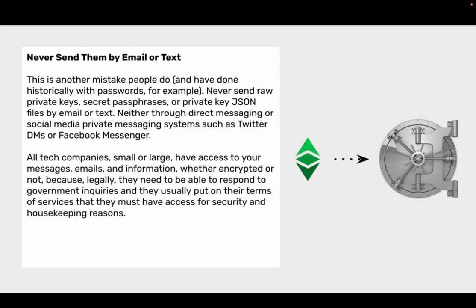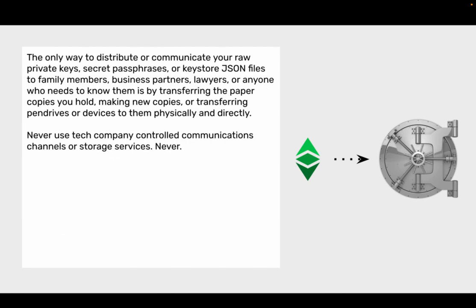All tech companies, small or large, have access to your messages, emails, and information, whether encrypted or not, because legally they need to be able to respond to government inquiries, and they usually put in their terms of services that they must have access for security and housekeeping reasons.